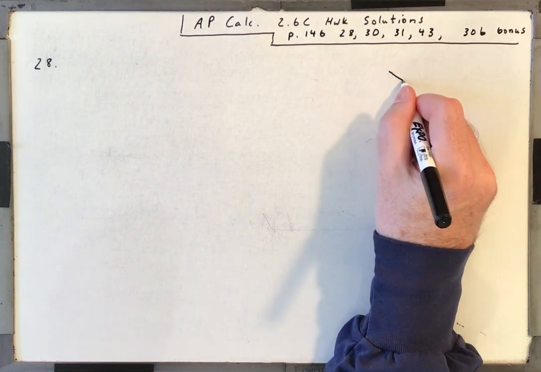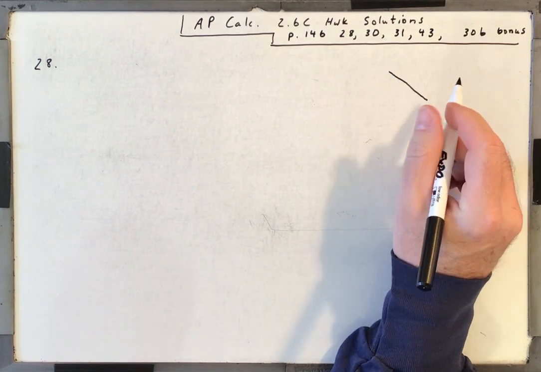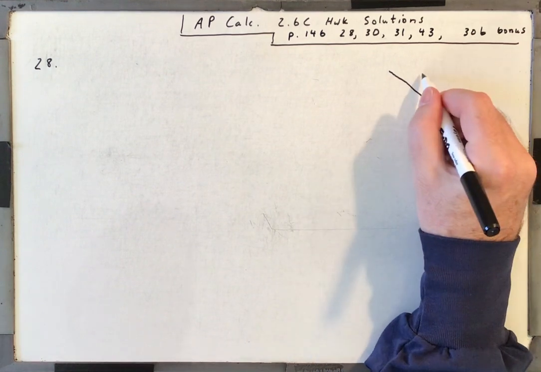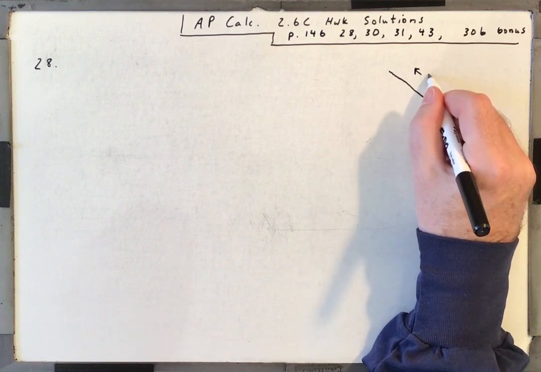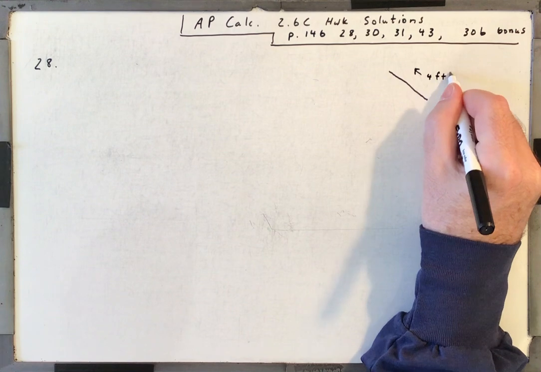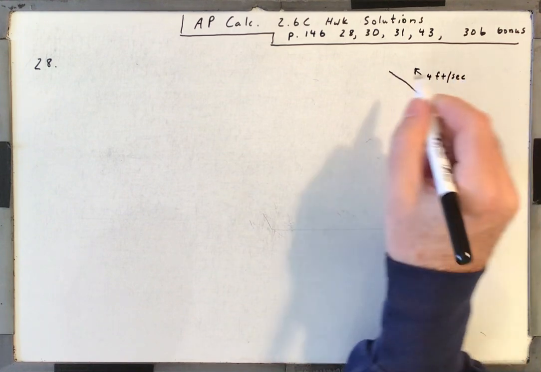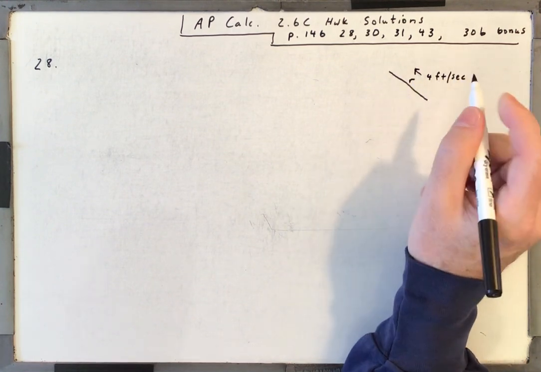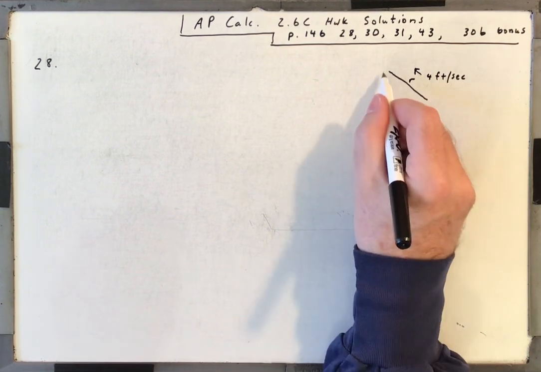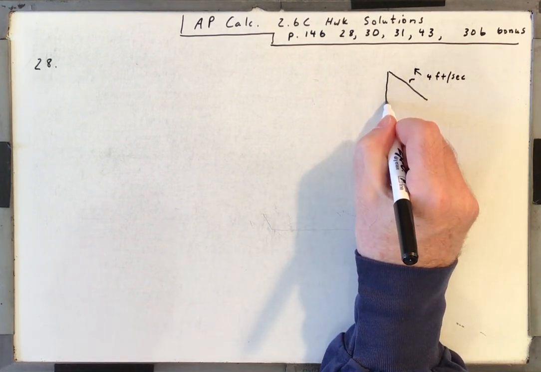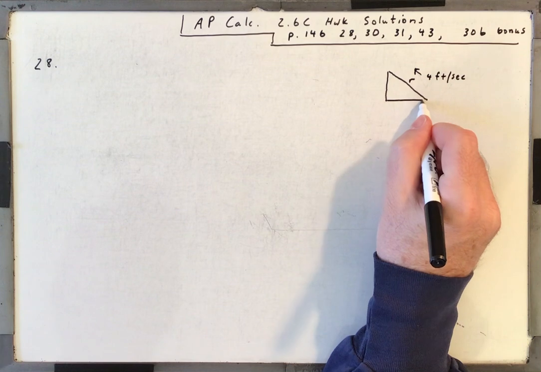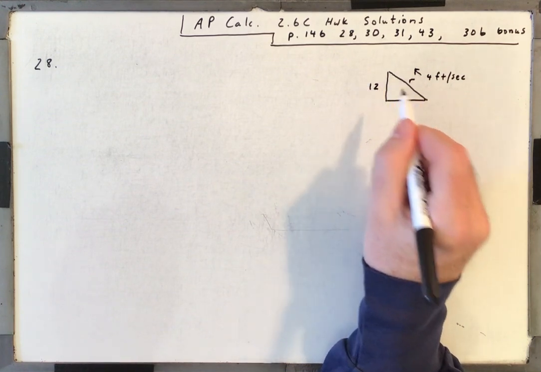So let's draw our triangle here. So we have 4 feet per second. I'm going to call this R for rope. We know that we have a fixed distance of 12 feet here.